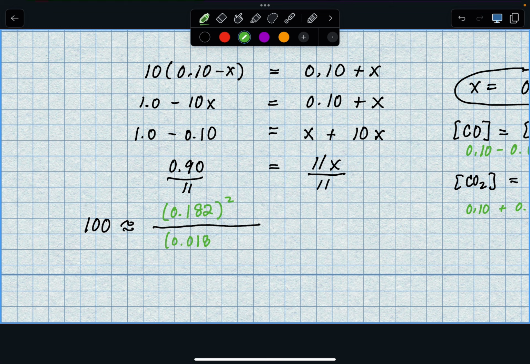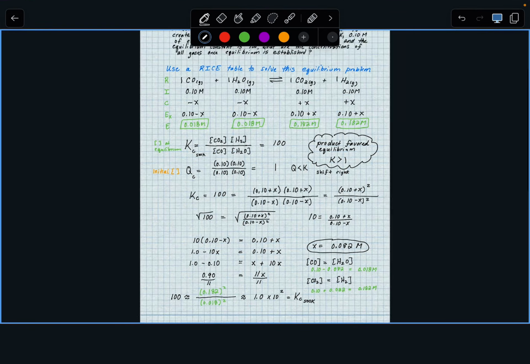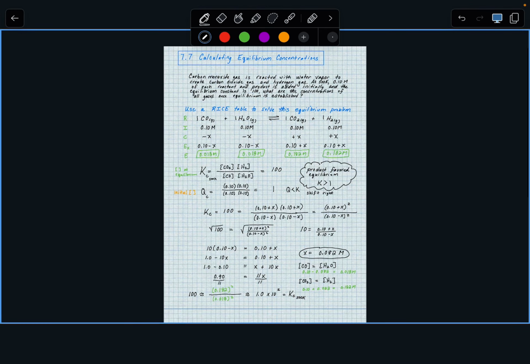So if I take 0.182 twice, so square it, and then 0.018 times 0.018, or square it. And if you check, you do get pretty much approximately, within significant figures, 100. And you could even turn it into scientific notation like that. We do pretty much get the Kc again at 500, because if we change temperature, then the K value would change.